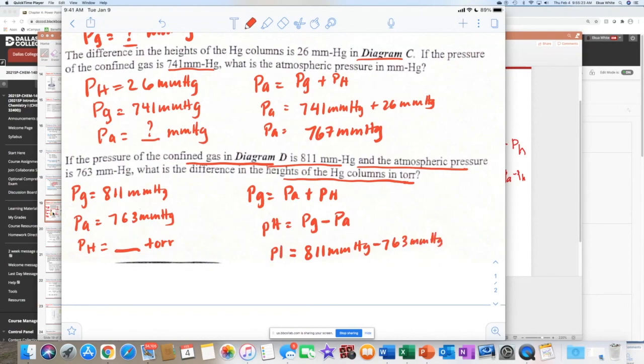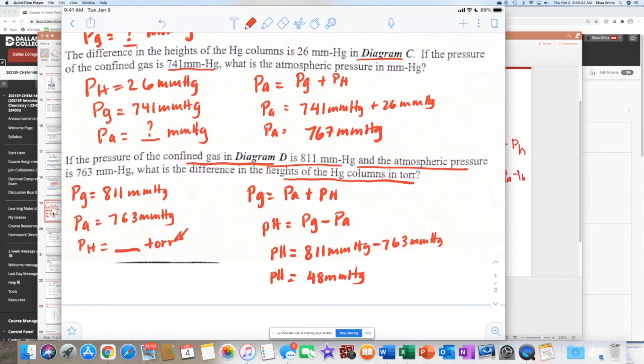The pressure has to be positive because the height can't be negative. You can't have a negative height. If you have a negative height, you rearranged it wrong. 811 minus 763, and that gives us 48 millimeters of mercury is pH. But they said write your answer in torr.